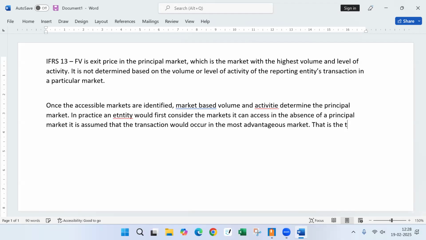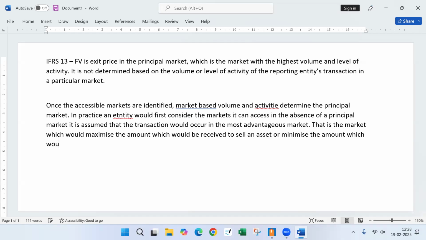That is the market which would maximize the amount which would be received to sell an asset or minimize the amount which would be paid to transfer a liability, taking into consideration the transaction and transport cost.